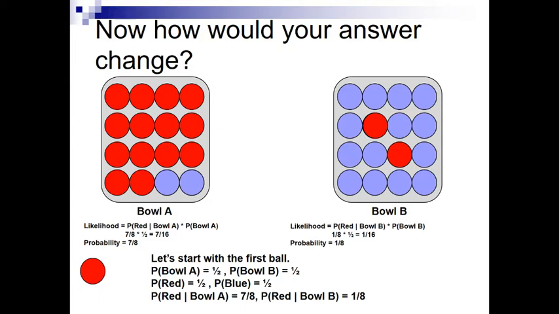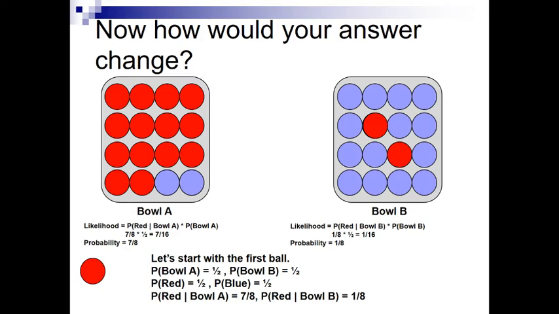So that means we need to scale these. So we would say that 7/16 plus 1/16 is our total probability mass. We know that our numerators are proportional to probabilities. So what we want to know is 7/16, what proportion of the total probability mass is that? Well, 7/16 divided by 8/16 is 7/8.